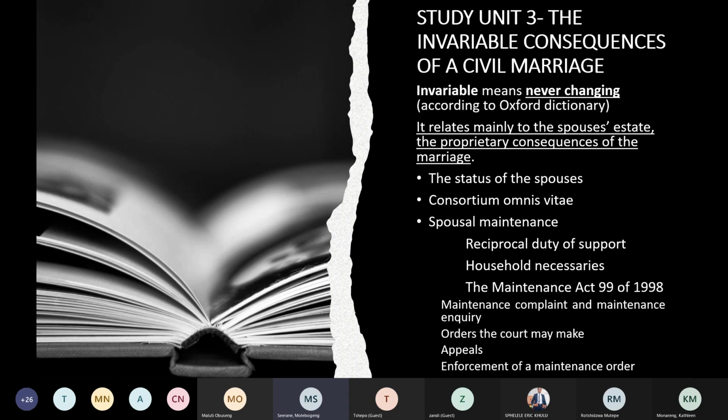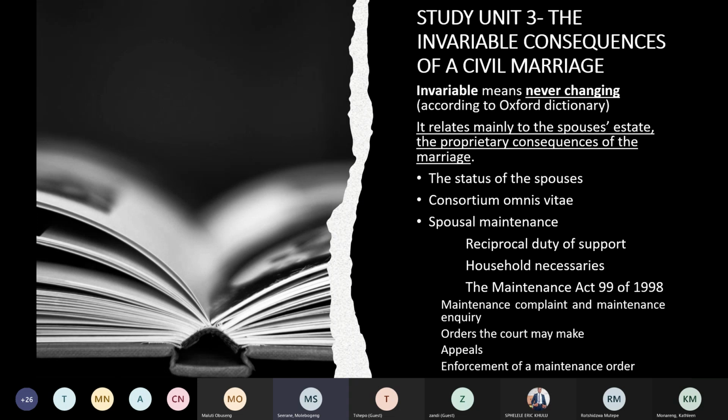Unless the appellant alleges that he is not liable to pay maintenance. So say for example, there's a maintenance order against you and you want to appeal certain orders in the maintenance order. You can do that through the High Court, but it does not suspend the maintenance order itself that was put out against you.